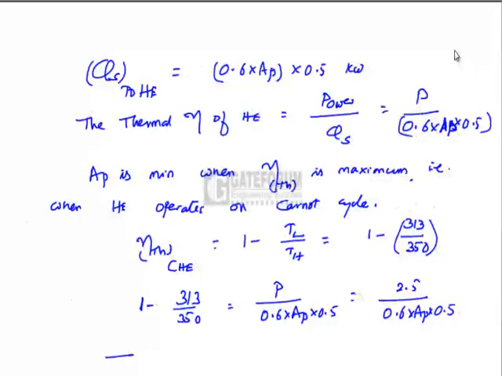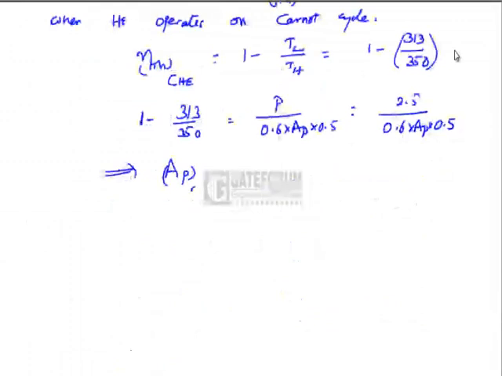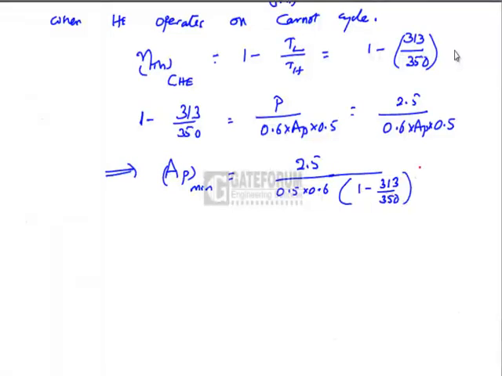Therefore, minimum area of the plate will be 2.5 divided by 0.5 into 0.6, whole divided by 1 minus 313 by 350, which gives the minimum area of the plate in meter square, which should match with one of the options given along with the problem.